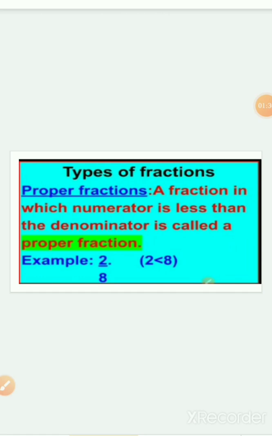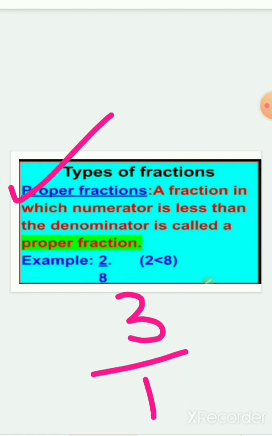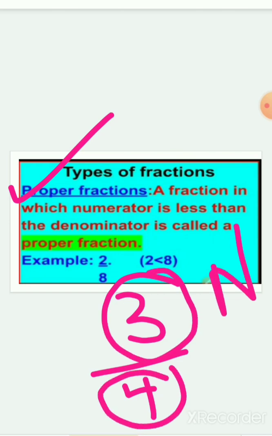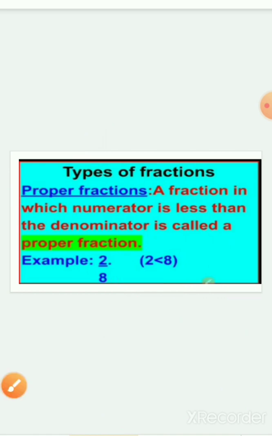Types of fractions: first we have the proper fraction. A fraction in which the numerator is less than the denominator is called a proper fraction. Fractions are written like this, where this is called the numerator and this is called the denominator.